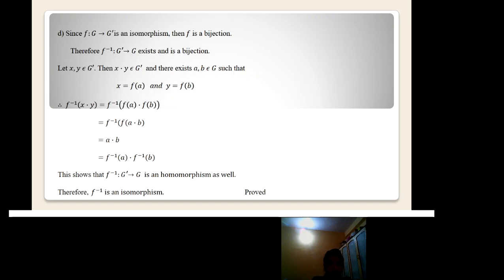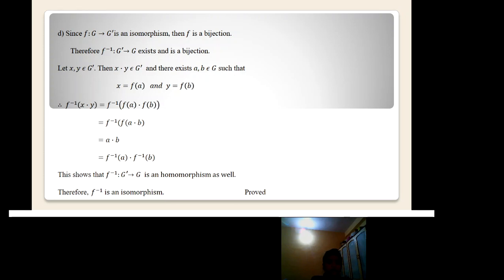Hence H2 is a subgroup of G dash. Now, fourth: since f from G to G dash is an isomorphism, f is a bijection. Therefore, f inverse from G dash to G exists and is a bijection. Let x and y belong to G dash, then x into y belongs to G dash and there exist a, b belonging to G such that x equals f of a and y equals f of b.